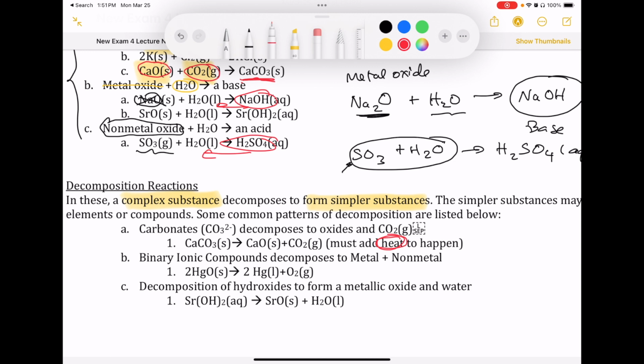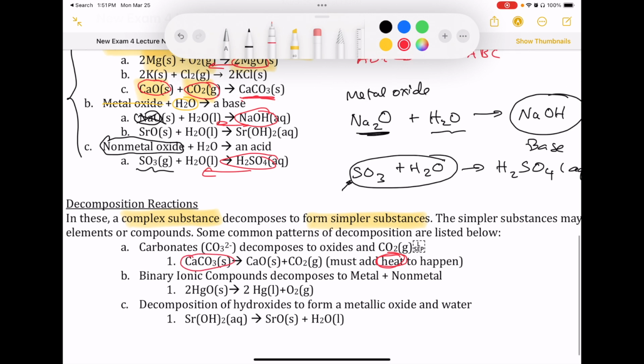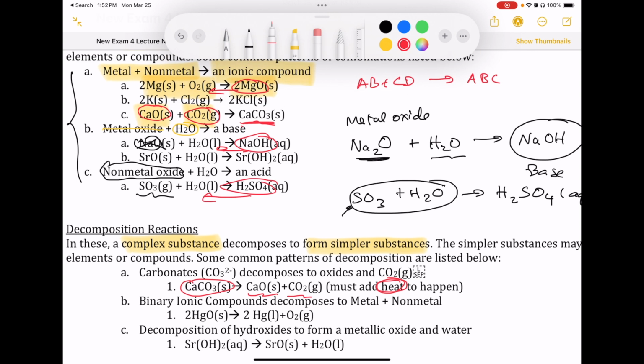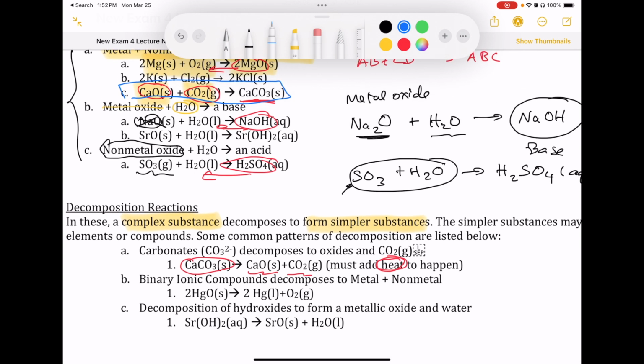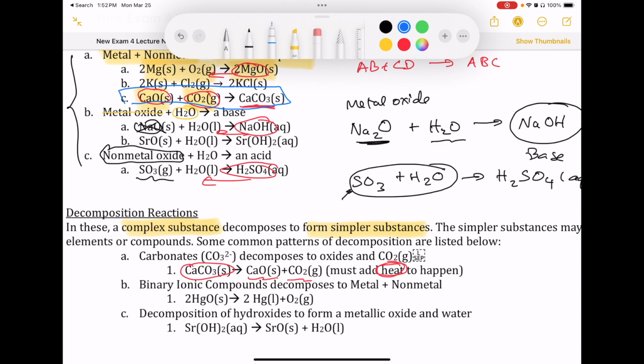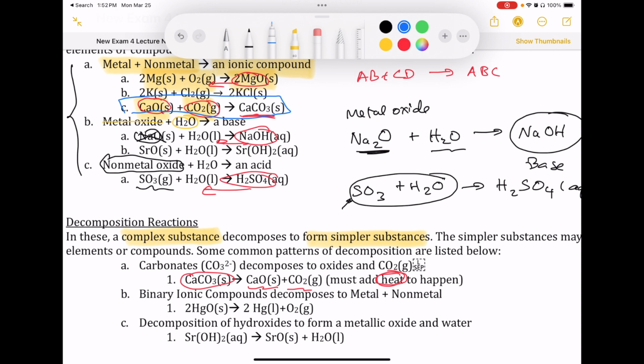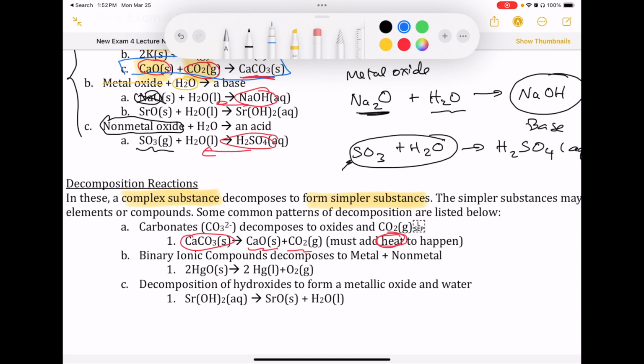And so here's an example. This is calcium carbonate, and now if we heat it, we can break it apart into calcium oxide and carbon dioxide. Notice that that's just the reverse of this reaction right here, okay? So we just sort of take it the opposite way. We can take an ionic compound and then heat it, and we should get an element plus oxygen.